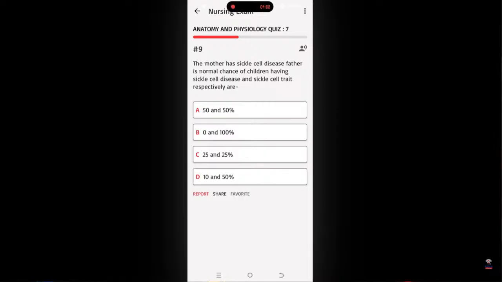The mother has sickle cell disease. Father is normal. Chance of children having sickle cell disease and sickle cell trait respectively are A. 50 and 50%. B. 0 and 100%. C. 25 and 25%. D. 10 and 50%.